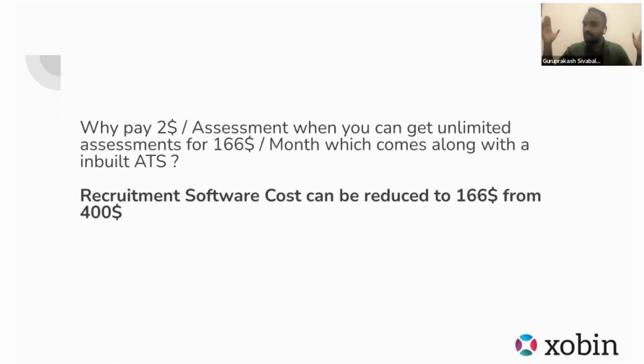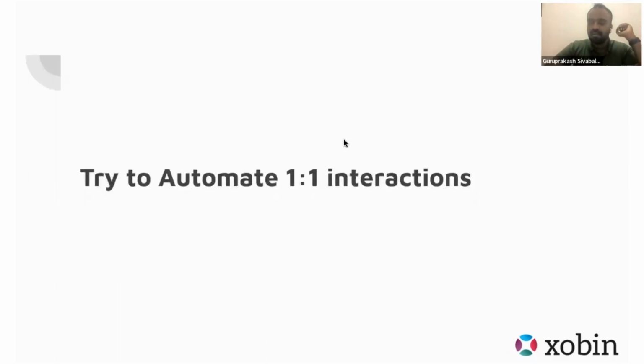When you have people applying to your company, why don't you assess all of them? When you assess everyone, automatically you are able to find someone much better. So not only does your cost reduce, the chance of you finding someone good also increases, right? This is the second thing that I like to say.